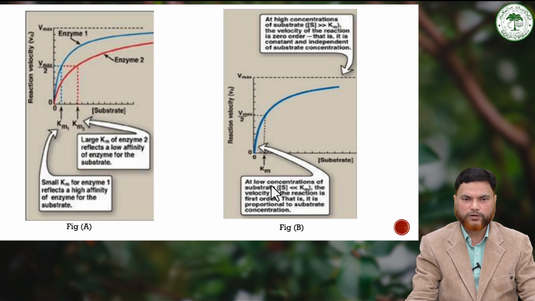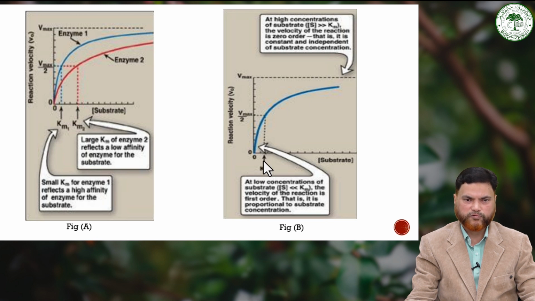Suppose at low substrate concentration, that is, substrate concentration is less than Km, then reaction velocity is approximately proportional to the substrate concentration. This is known as first order kinetics.